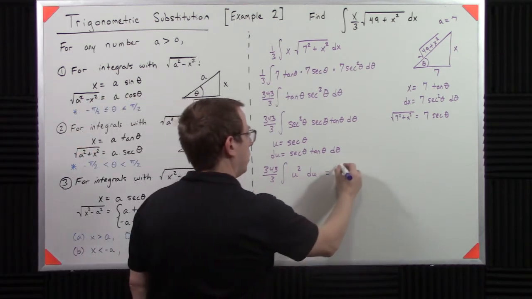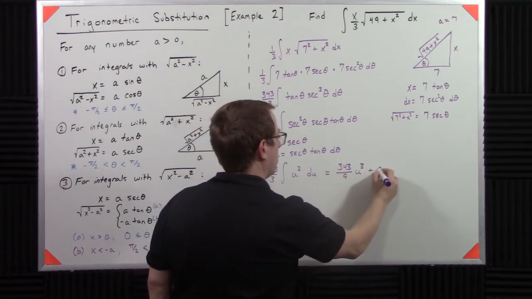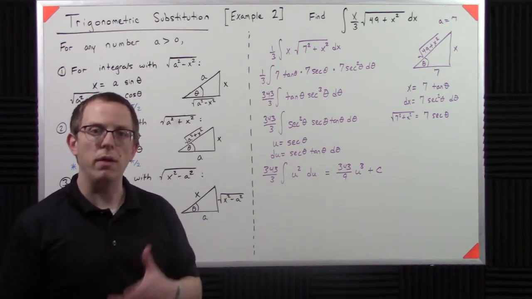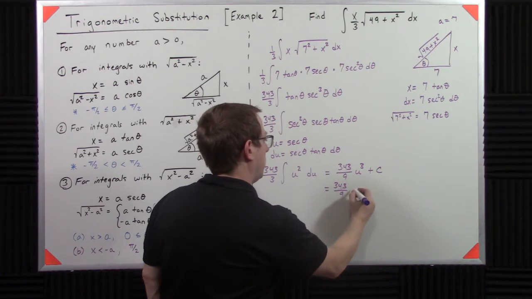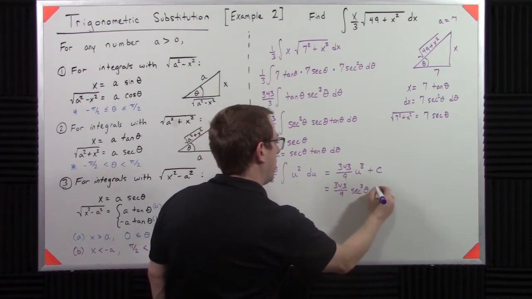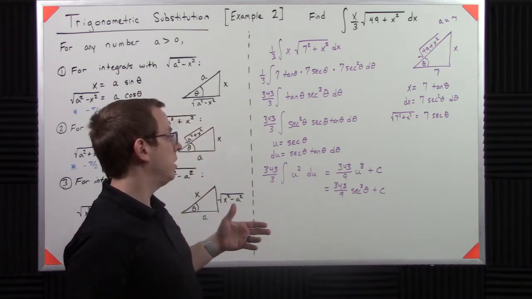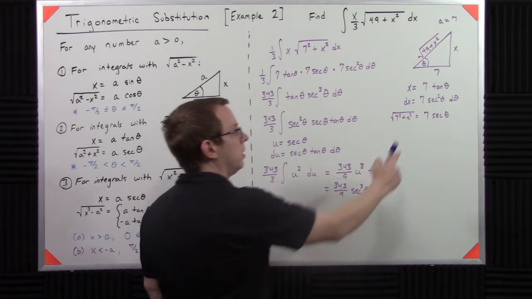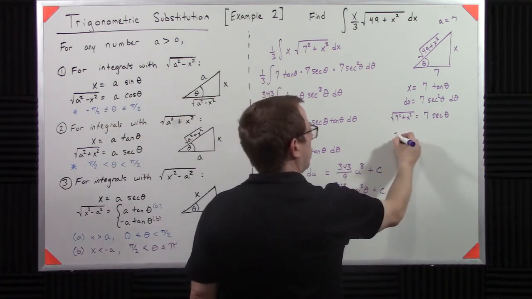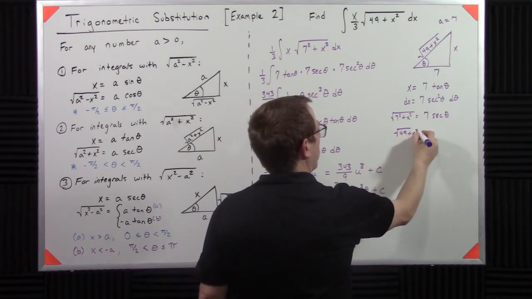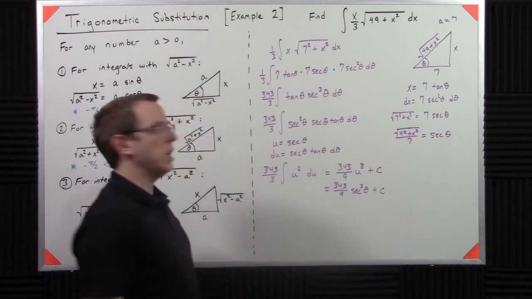We get 343 over 9 u cubed plus c. But now we have u, so we need to go back. We have 343 over 9 secant cubed theta plus c. And if we look at what secant is, we need to divide by 7, so square root of 49 plus x squared over 7 is secant theta.